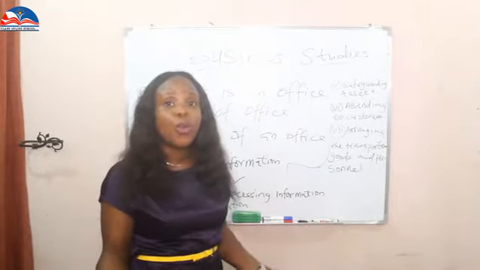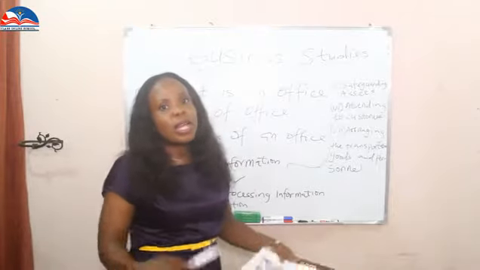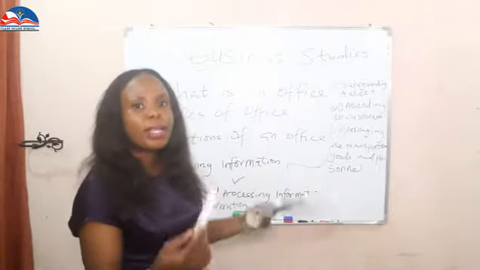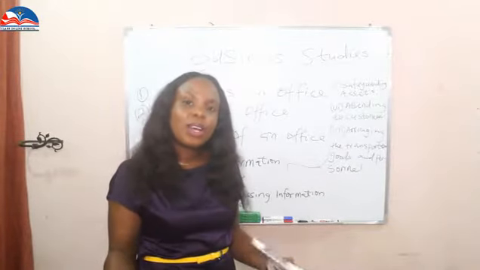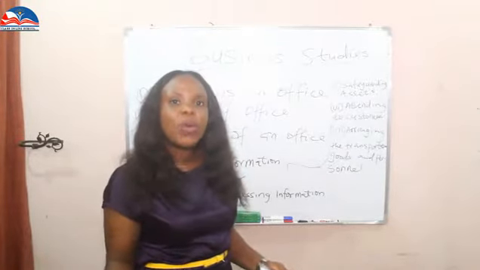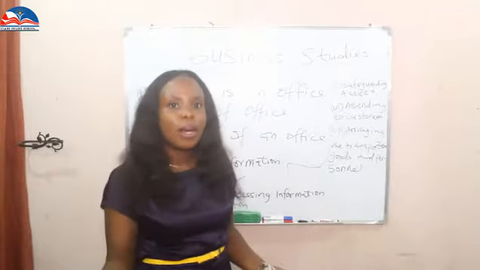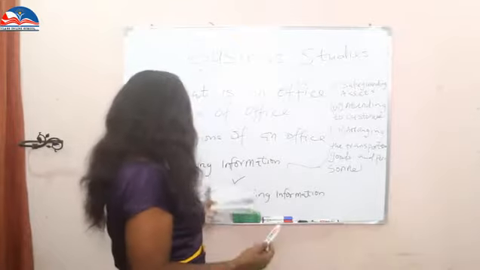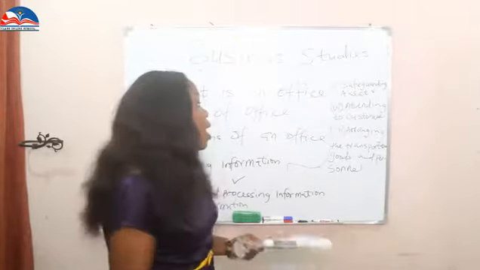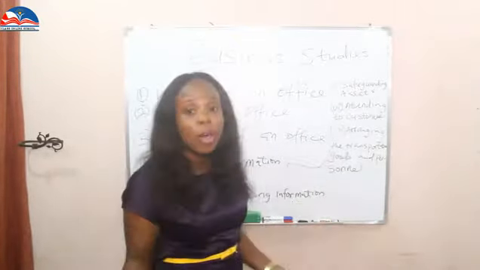Whatever information you want, you meet them first, then they will direct you to the appropriate individual. And so they attend to customers in such a way that it will appeal to the customer that has come to them.